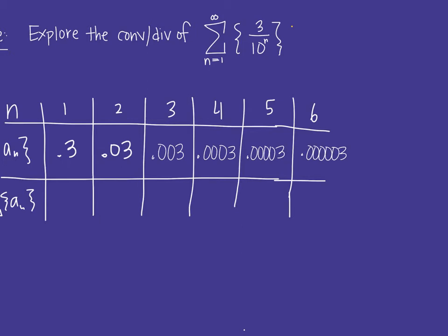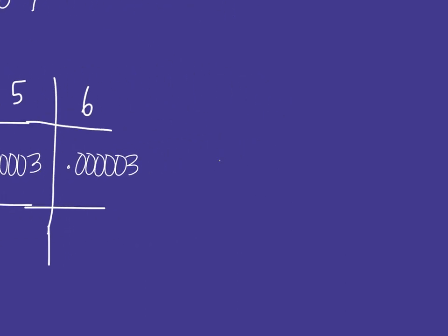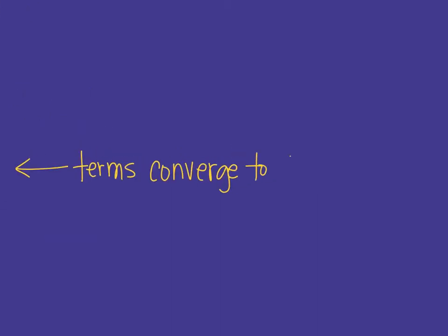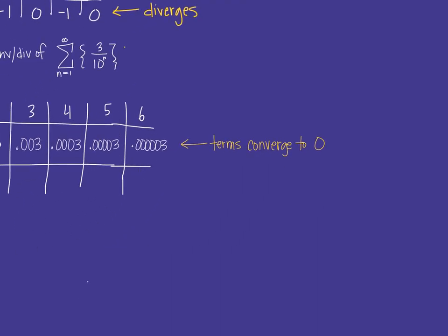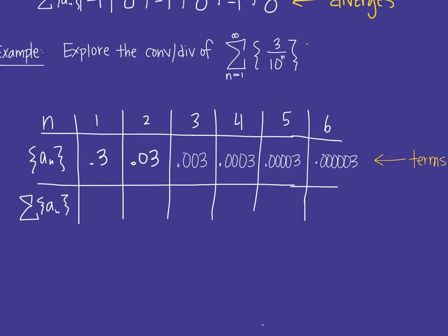No. Okay, but it does converge as a sequence. The terms converge to 0. That doesn't mean the total is going to converge to 0, but the terms converge to 0.